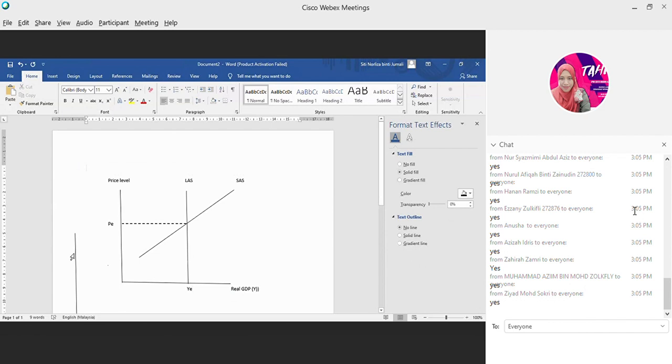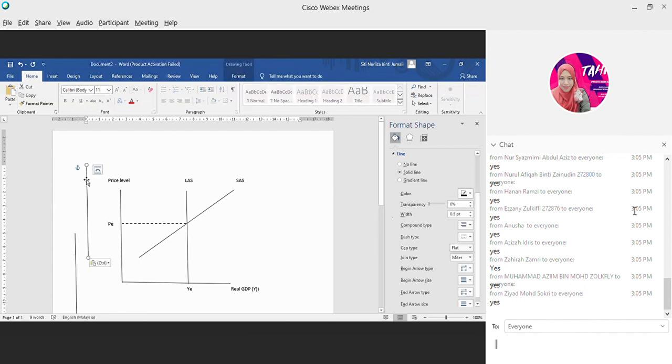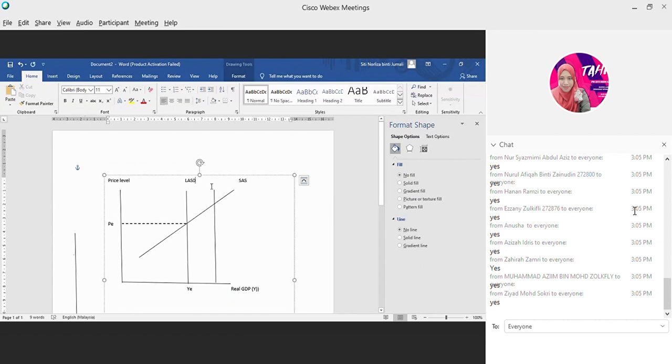Okay, so this is our new LAS. Let's say this is LAS0, this is LAS1, okay, this is SAS0. If we have AD, then this is the equilibrium, but now we don't have AD, okay? So it will not end here.